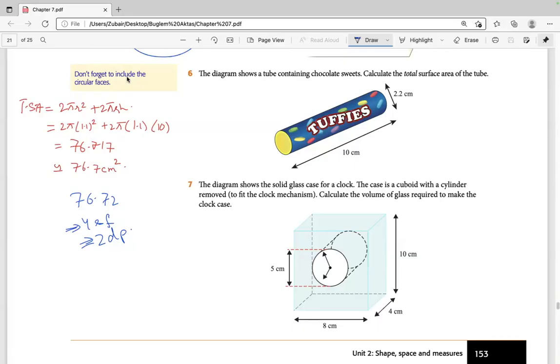Wait, does the cylinder go all the way at the back of the glass? Yes, it goes throughout the glass. Oh, okay.